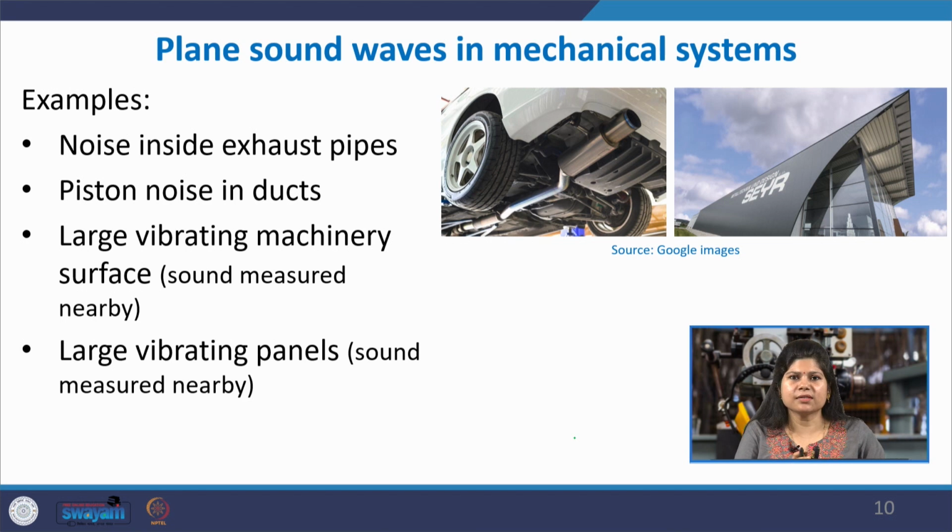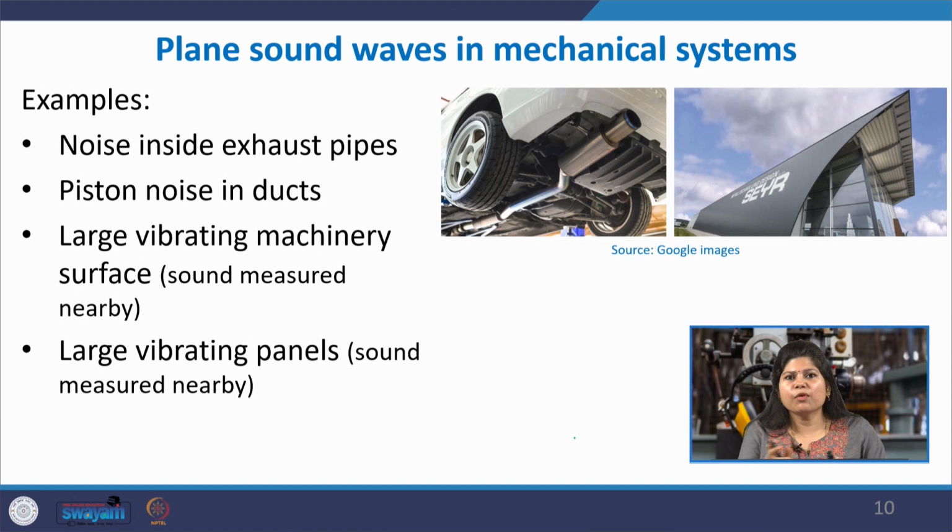The other reason is that any kind of random real life sound, be it harmonic or non-harmonic, can always be represented as a superposition of harmonic wave fronts of different magnitudes and different directions. It can be simplified into a superposition of various harmonic plane waves, and hence the study of the simplest form of the wave, which is the harmonic plane wave, becomes very important.